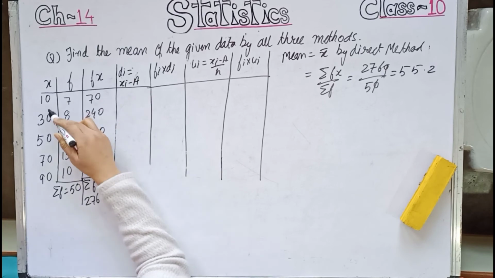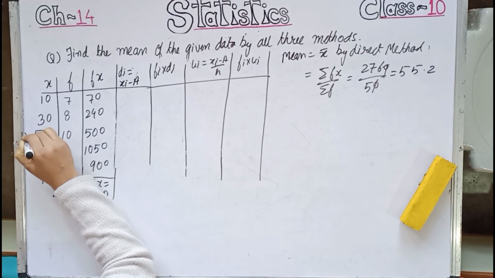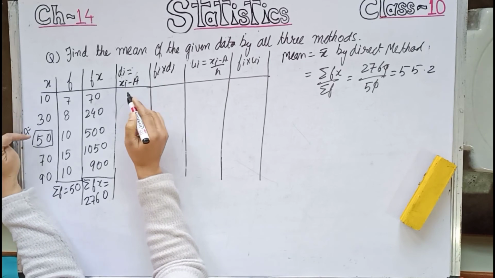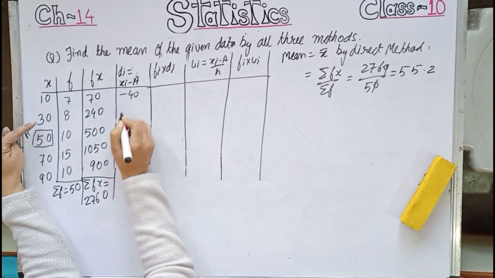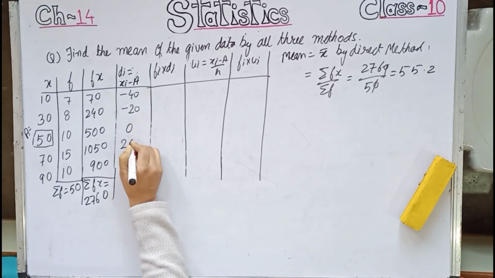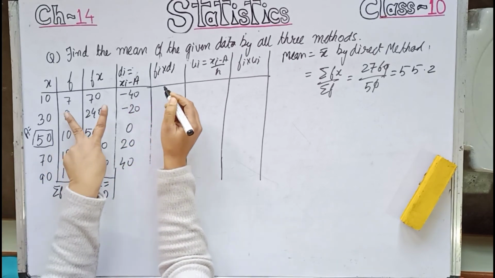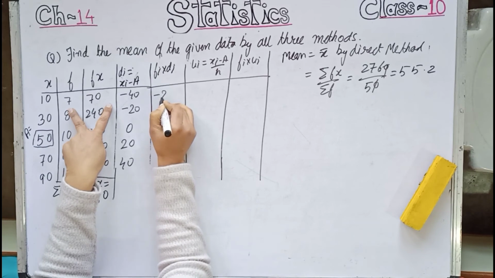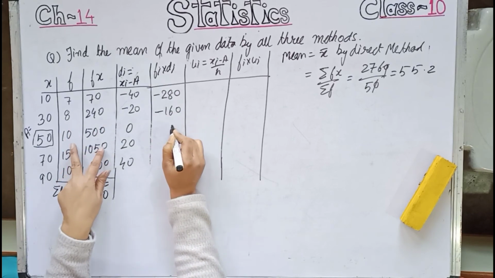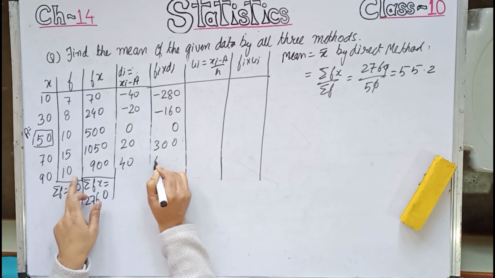Now di equals xi minus a. First we have to assume an a: 1, 2, 3, 4, 5. So this one I am assuming as a. Now xi minus a: 10 minus 50 is minus 40, 30 minus 50 is minus 20, 50 minus 50 is 0, 70 minus 50 is 20, and 90 minus 50 is 40. Fi into di, these two: minus 280, minus 160, 0, 300, and over here 400.